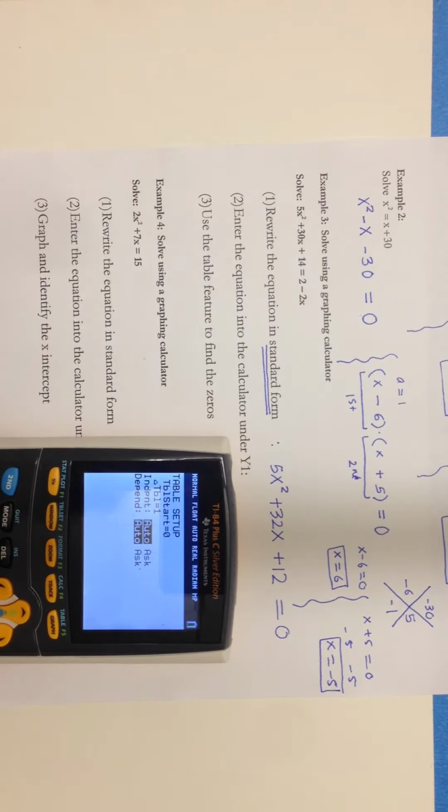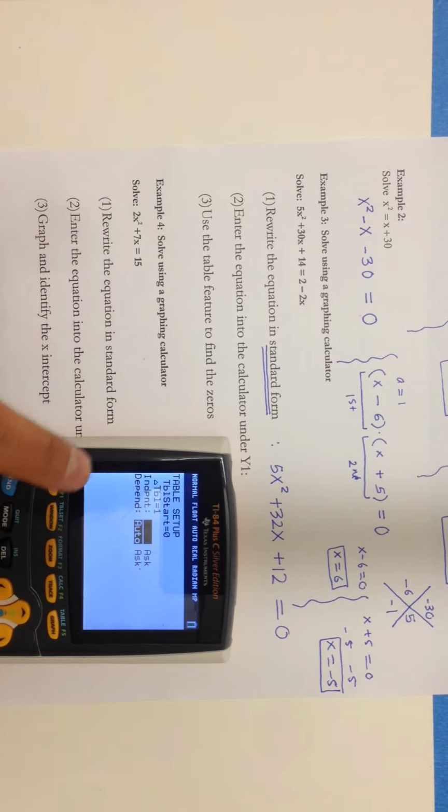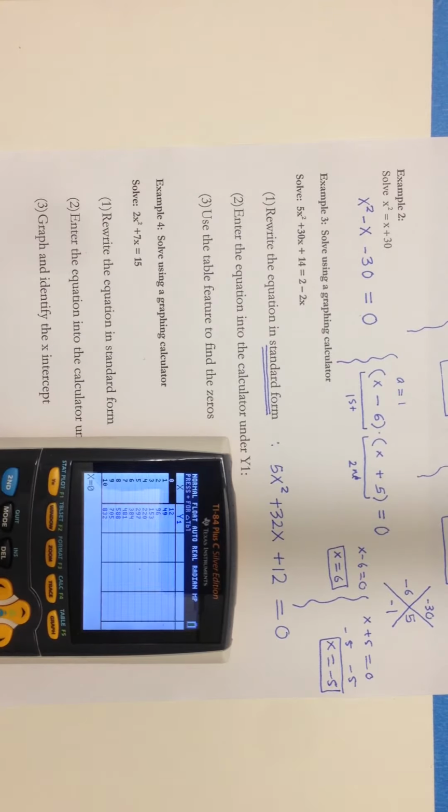Just make sure that the table step is equal to 1, and independent and dependent should be set to auto. Once that's all set up, the next thing we do is hit second, graph, and that will get us to our table features.